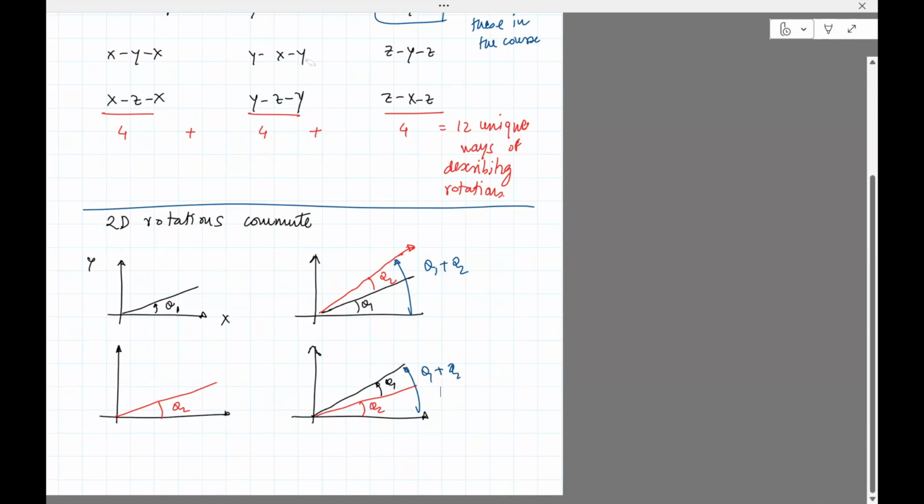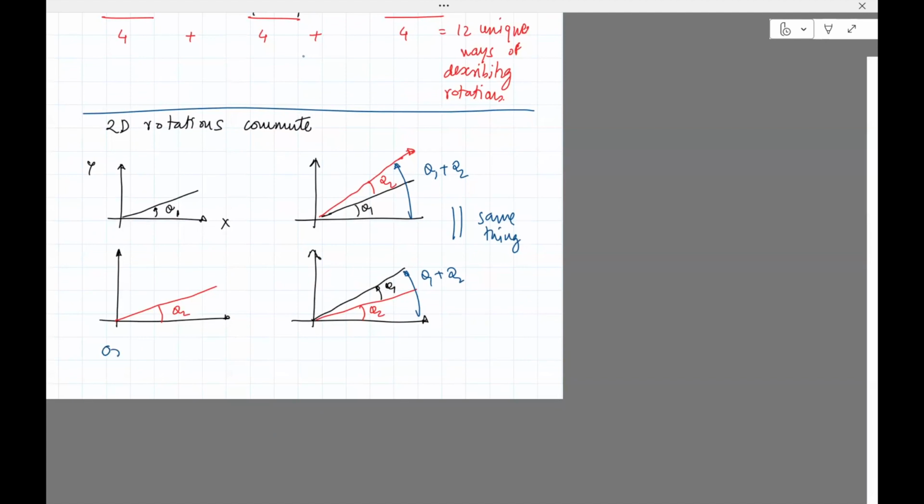And it's really obvious that it's the same thing, right? So the order of rotation is not important in 2D. That is, this implies rotations commute.